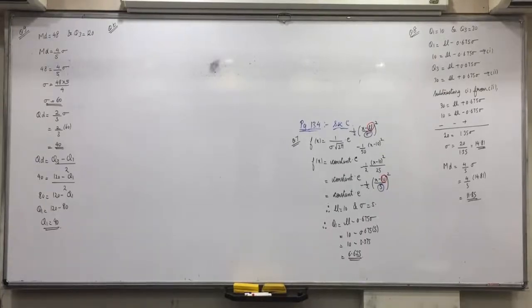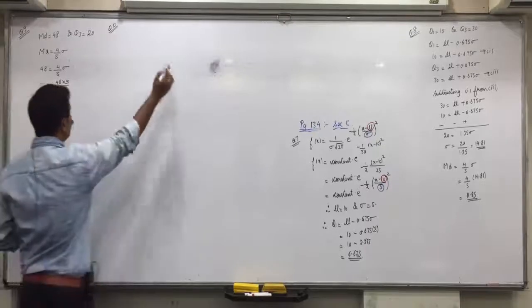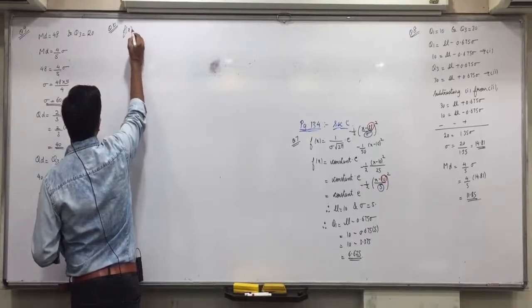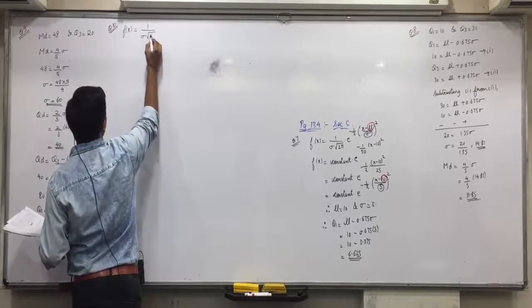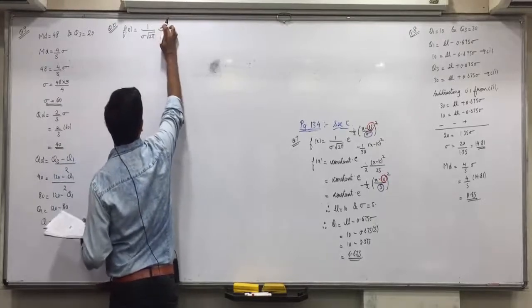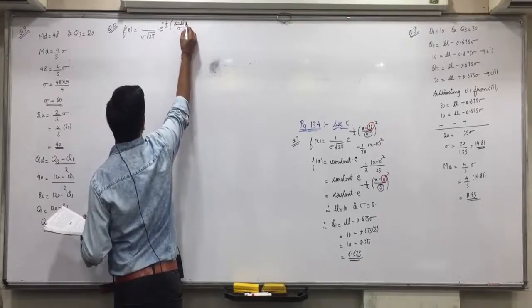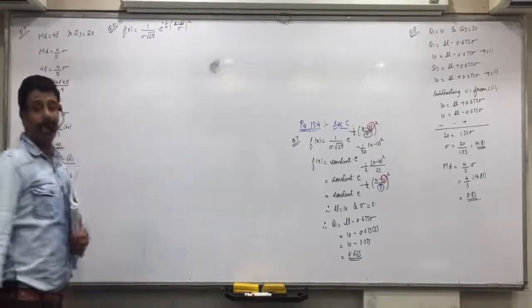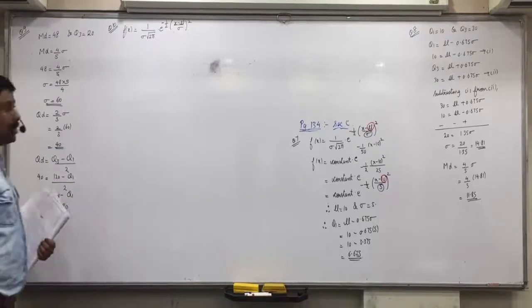So look at question 10. A normal variable has the probability density function. So first you have to find mu and sigma. Write down. Function of normal distribution is given by one upon sigma root 2 pi e raised to minus 1 by 2 x minus mu upon sigma whole square.